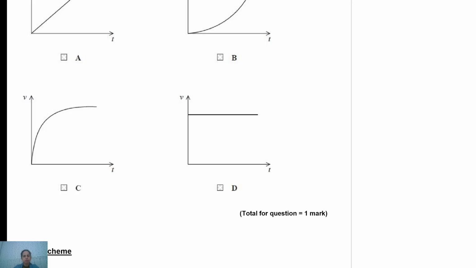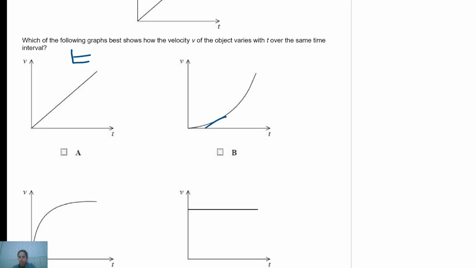So this one would mean my graph would look like this, because acceleration is constant. This one is increasing gradient, increasing acceleration, and hence this would be right. Let's see this one.